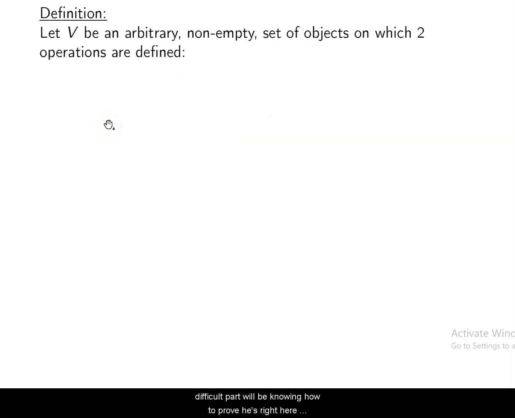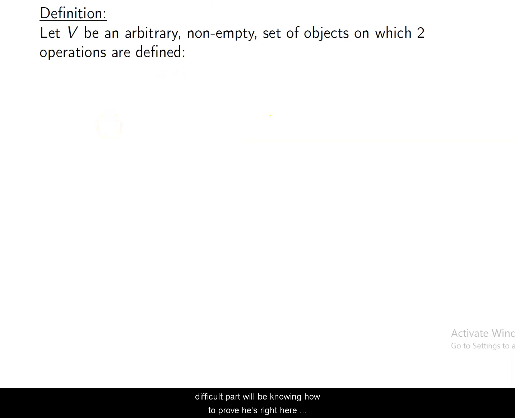Okay, so it's always easier if you divide these things up. You're not going to have to memorize these, although you should be familiar with these 10 axioms already. Even if this was a regular exam that we take in class, I would provide these to you. So you should definitely know what these axioms are. The difficult part will be knowing how to prove these, right?